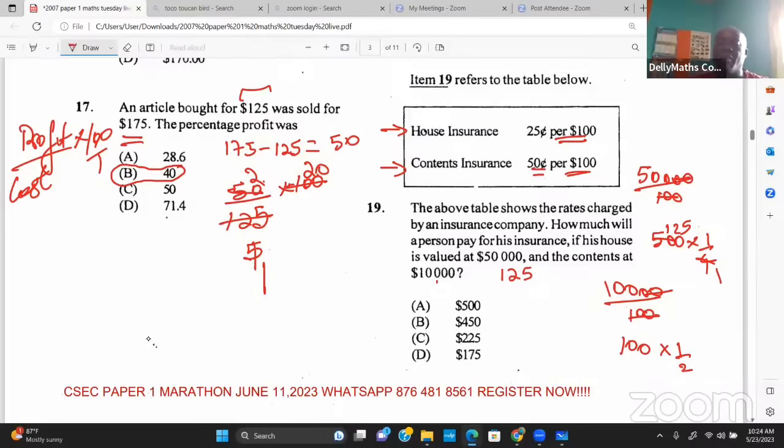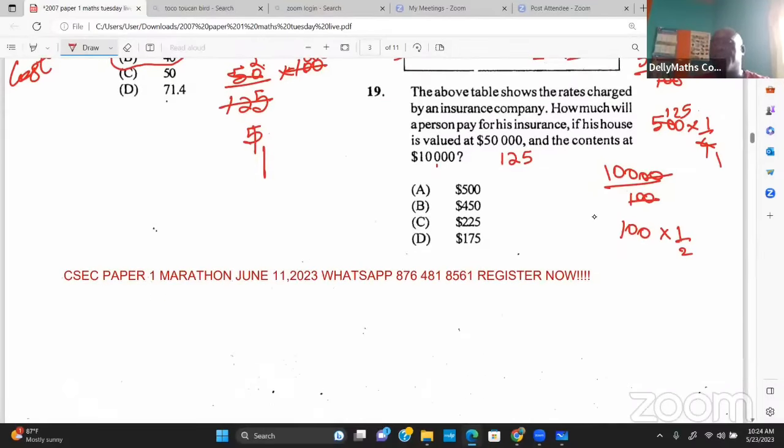They're not going to use any number that will give you trouble. So as you could see, a half of a dollar. So this is 50. So you want to add that 50 with that, and I'll get 175. There is the answer. So that would have been the total insurance that the person would have paid when you work it out.